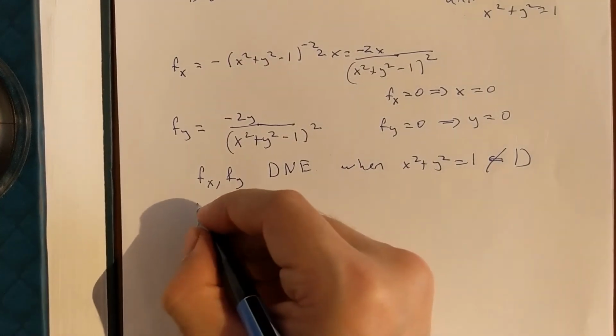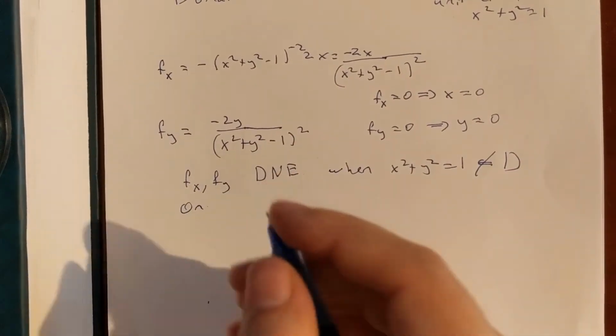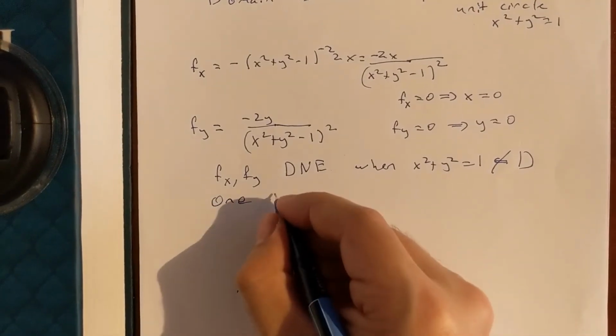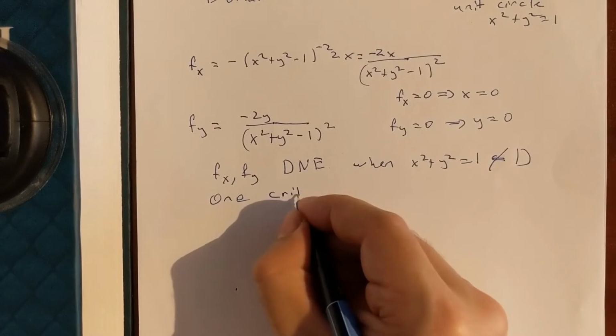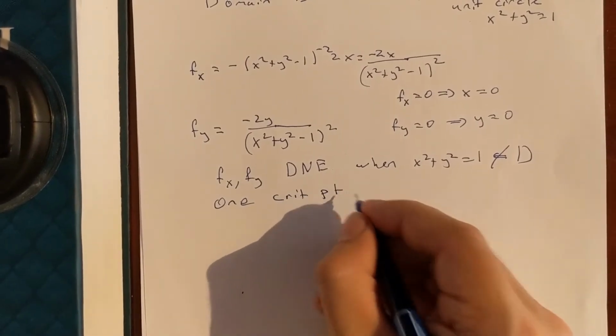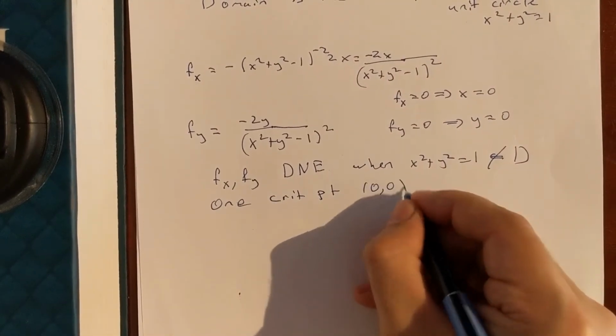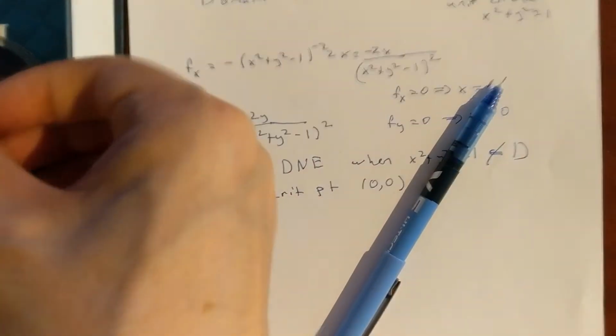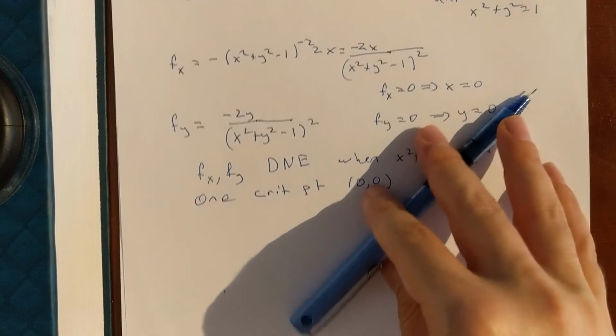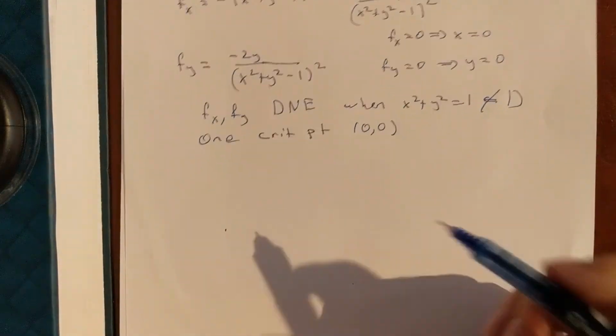So we have only one critical point, and that's just the point (0,0). We have to apply the second derivative test to just this critical point and nothing else.